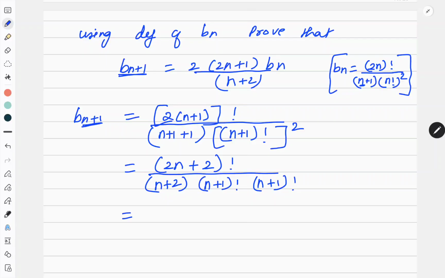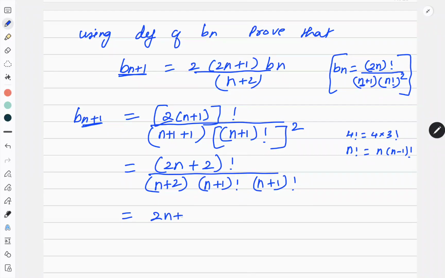Correct? Now as per the definition of factorial, I know how it works. If I have 4 factorial, it is equal to 4 into 3 factorial. Or if it is n factorial, it is always n into (n-1) factorial. This is the basic definition of factorial. So if I apply it in the numerator, I will keep on reducing it by 1.